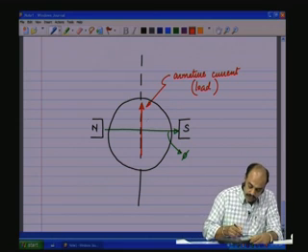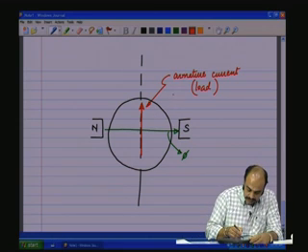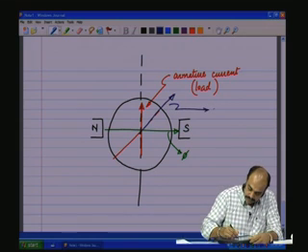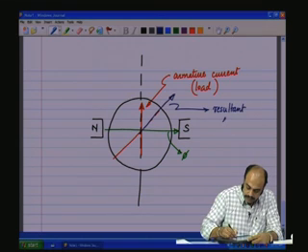Now, these two are going to have a resultant somewhere, let us say, along this line. So, this would be the resultant flux direction.